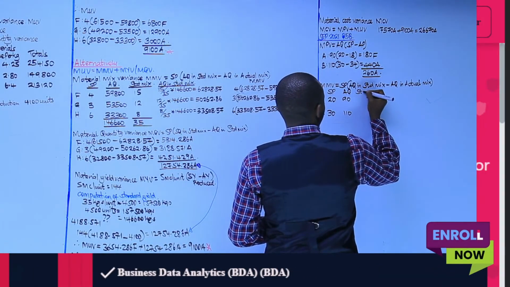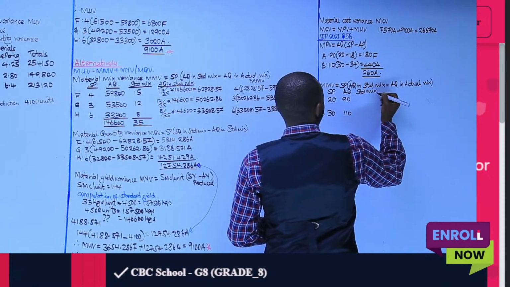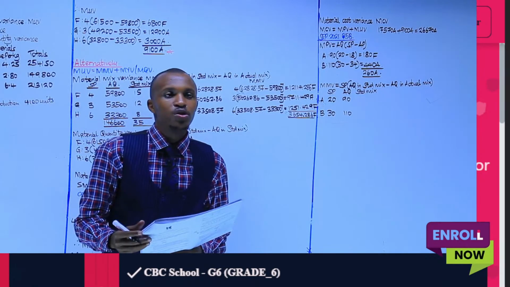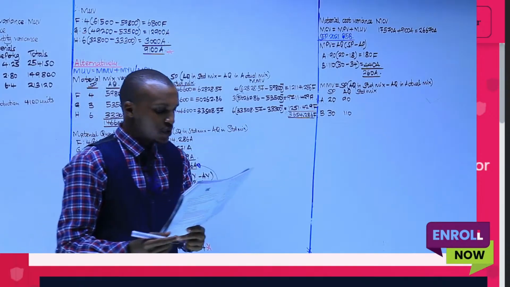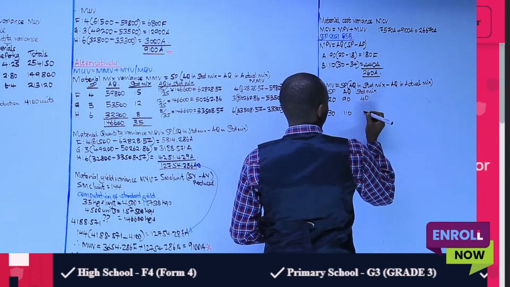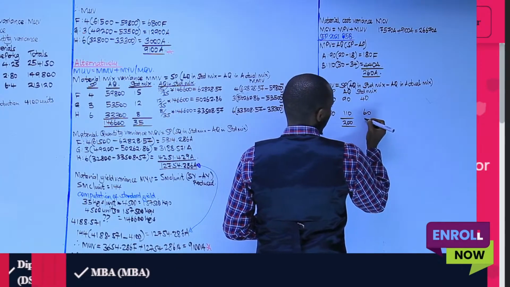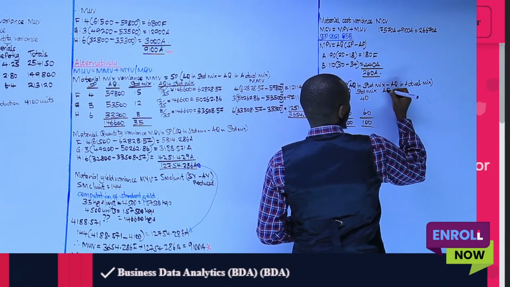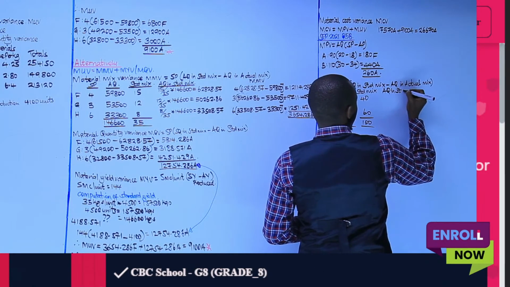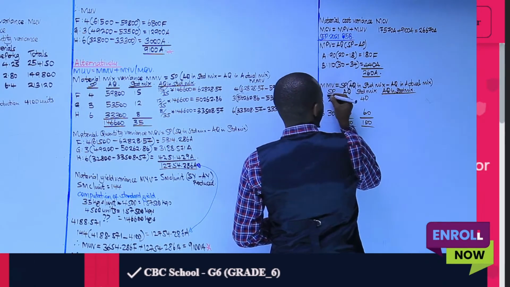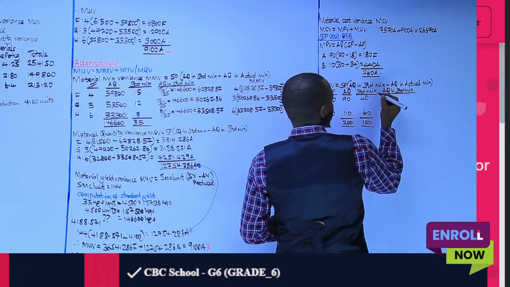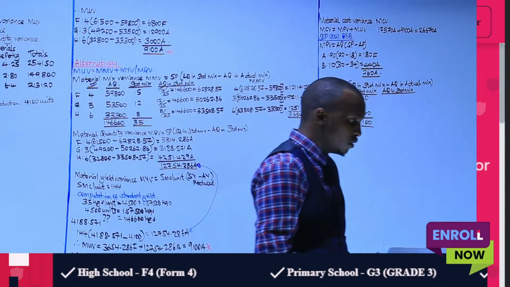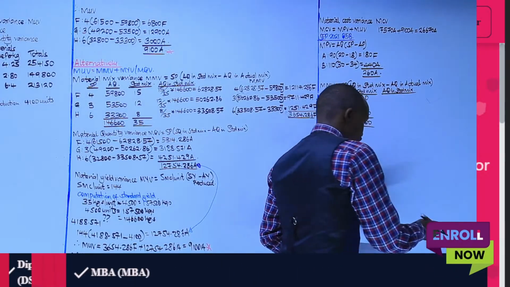Your standard mix, the ratio of how you are using your materials, is 40 is to 60. That is 200. Therefore, actual quantity in standard mix: you simply share the actual quantity using the ratio of your standard mix.